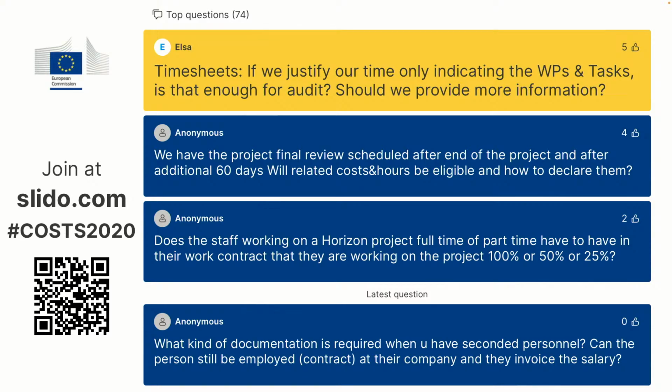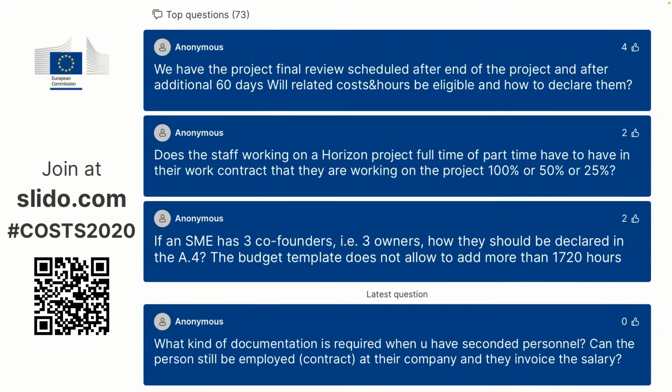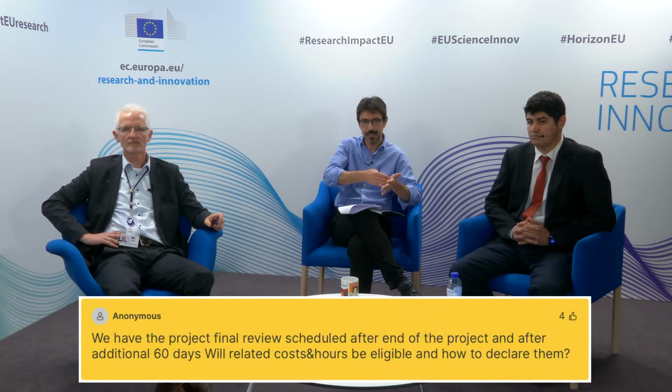Does the staff working on a Horizon project full-time or part-time have to have in their work contract that they are working on the project 100% or 50% or 25%? No. That's precisely one of the elements that make the timesheet so crucial: we don't even care that much what is said in principle, if it's not contradictory, in the contract, because what we want to know is what the reality is, and the reality appears in the timesheets.